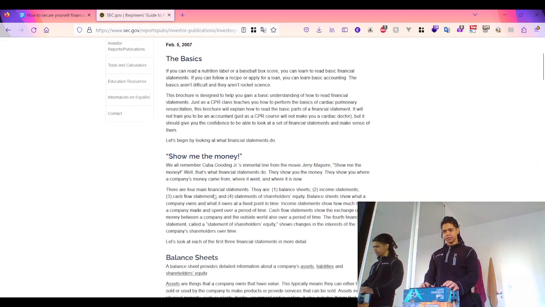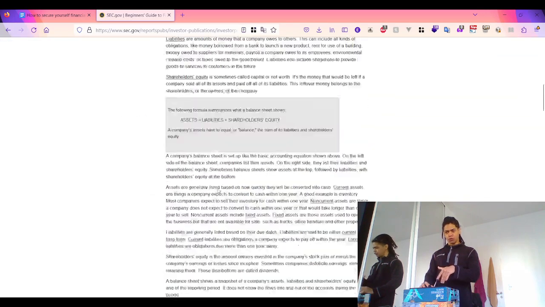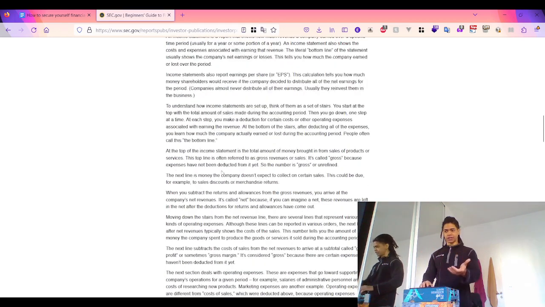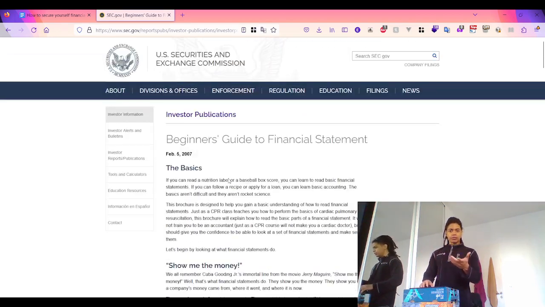Here, I'm jumping straight forward to the cash flow statement, one of the four financial statements, which after all, shows you the money. In this section, I'm going to learn how to read the basic parts of a financial statement.